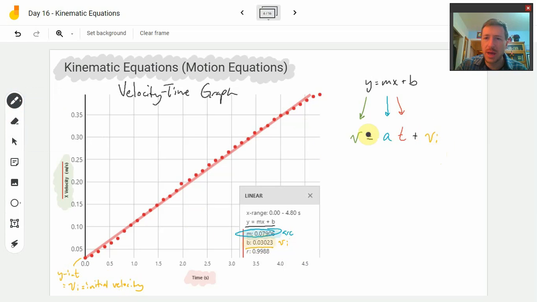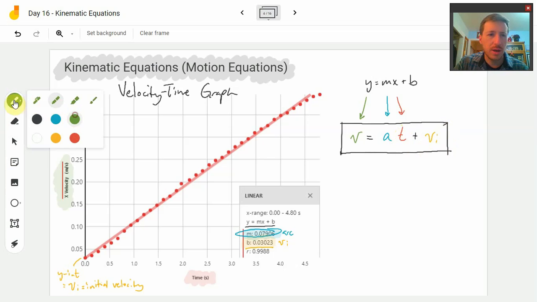So this is our first kinematic equation. The velocity at any point in time is equal to the acceleration times the amount of time that has passed, plus whatever the initial velocity was. I'll label those in here.